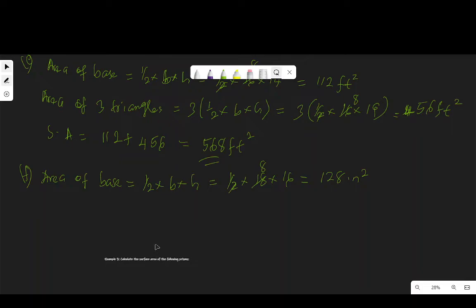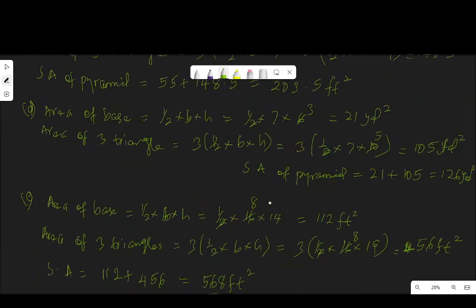That is that for the base. Now let's calculate the area of the three triangles. The area of the three triangles is 3 times 1 over 2 times the base times the height.